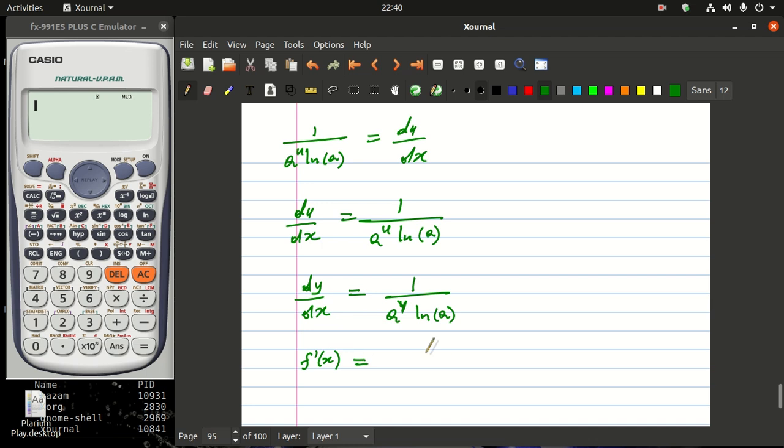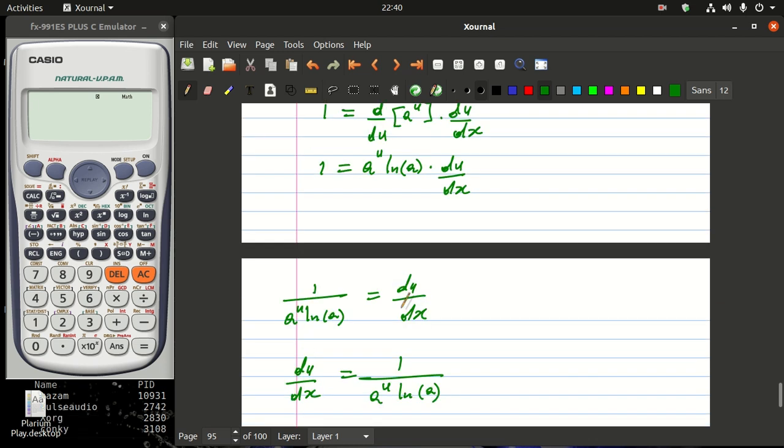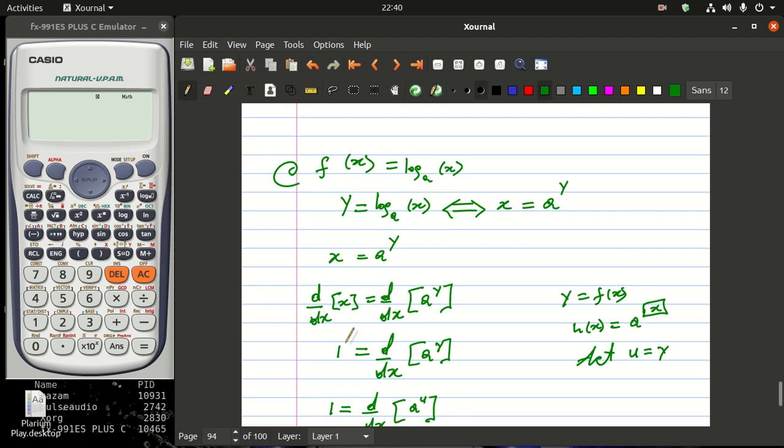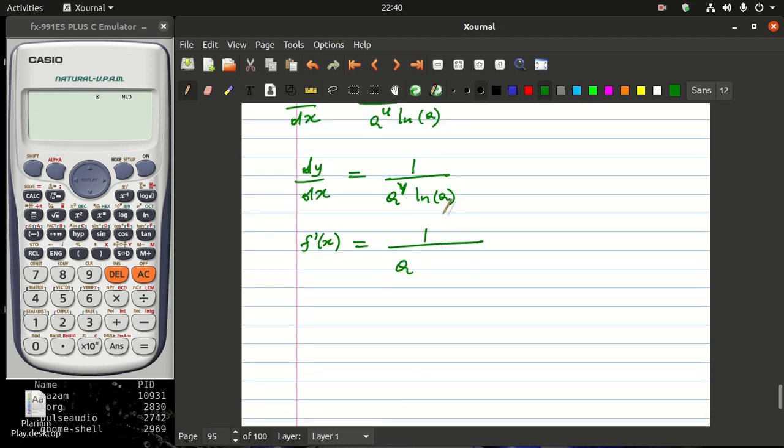I know that thing. And then I have 1 divided by a to the power y, but if you go back here and look at what was happening, my y is the same as log a of x. So that was my y here. So here I end up having log a of x, because y is log a of x, and then I have ln of a, which means now my f prime of x is simply 1 divided by, I have a to the power log a of x, which means I'm just going to have an x which was inside, because this and that cancel out, and then I'm left with ln of a.